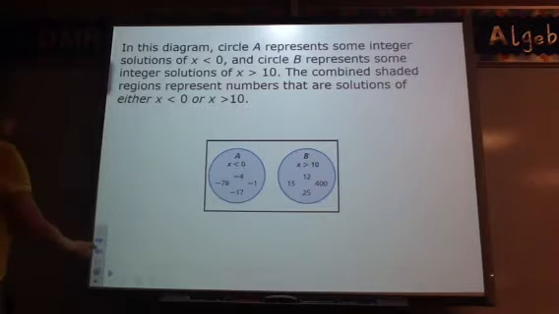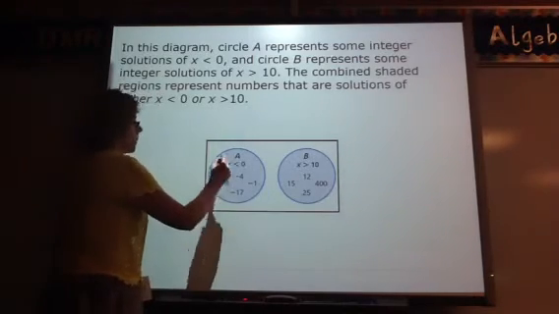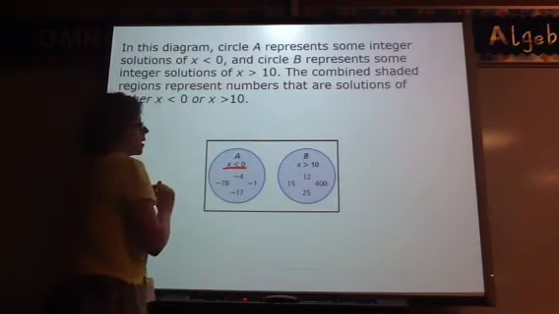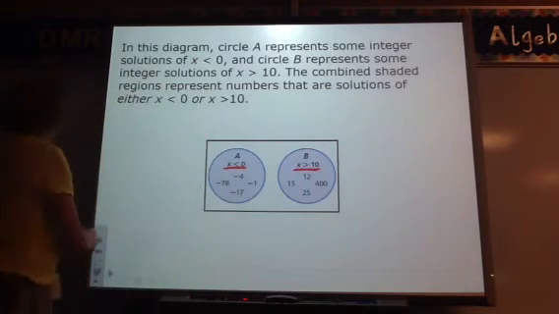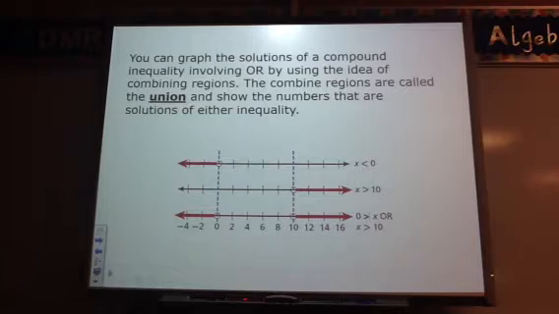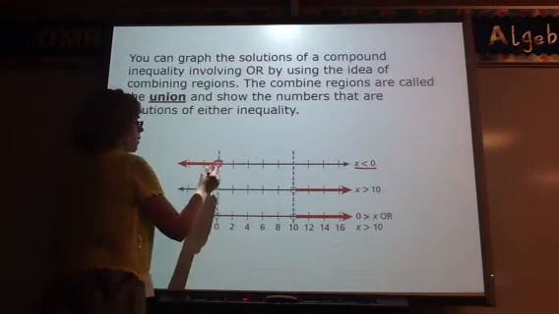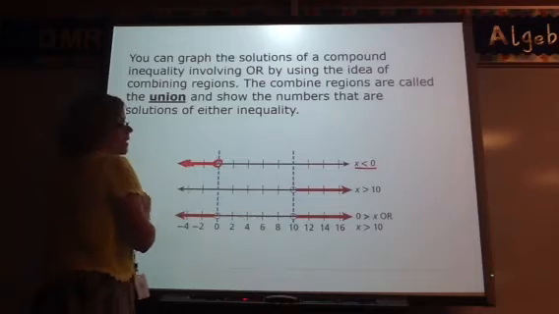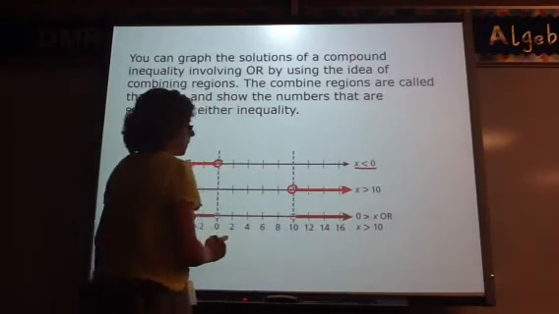Okay, so here's a visual. Last time we did a visual with the Venn diagram. So what this is telling us in circle A, I have x is less than 0, and in circle B, I have x is greater than 10. So if we were to graph this, x is less than 0, open circle, going to the left, x is greater than 10, open circle, going to the right.